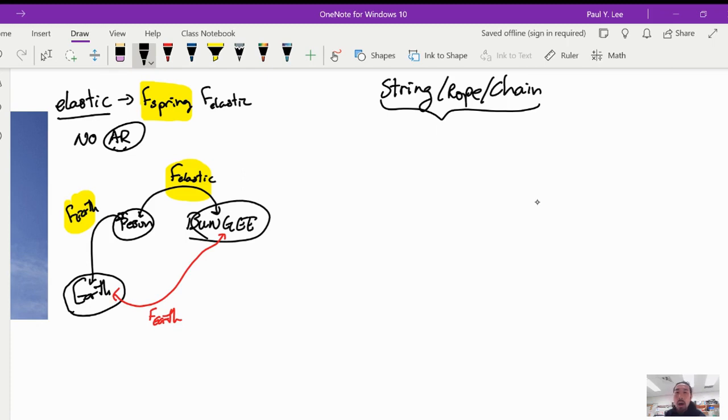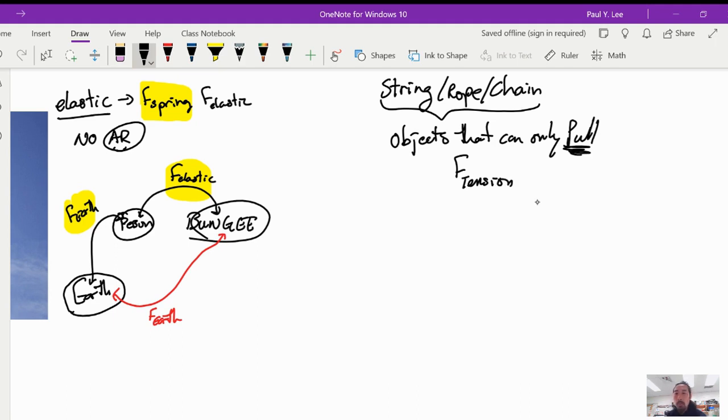These are objects that can only pull. And we'll see this in another scenario as well. But if you have objects that can only pull, which includes a bungee if you think about it, but the bungee is elastic, we call this the force of tension.